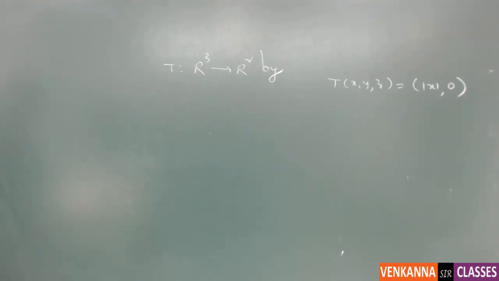That is my function. So whatever the input vector which is 3-dimensional, I am going to get the output vector as 2-dimensional. Please observe the pattern. So T is transforming a 3D vector into a 2D vector. Did you get it? Say.